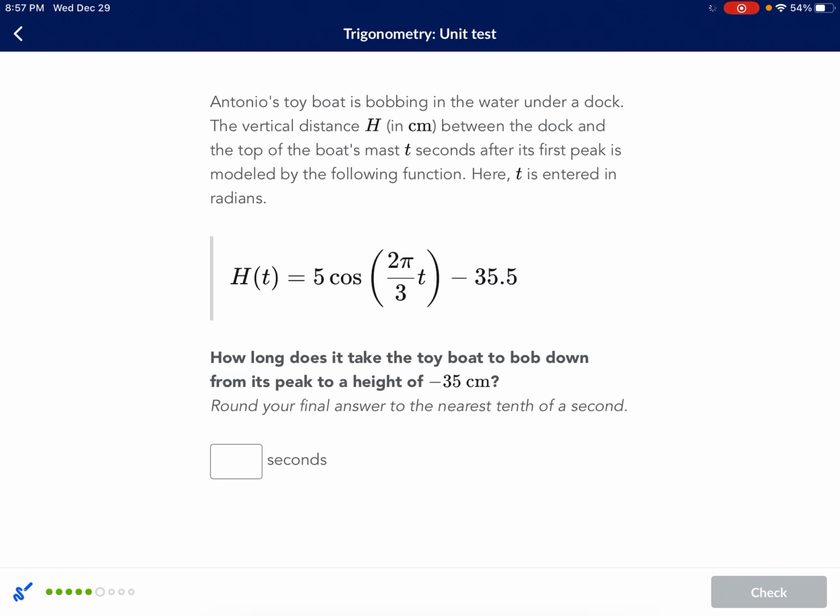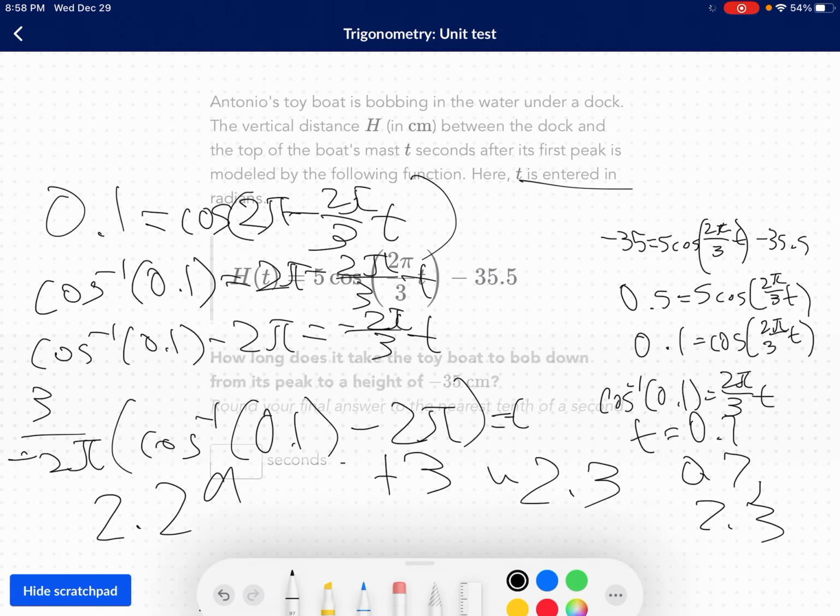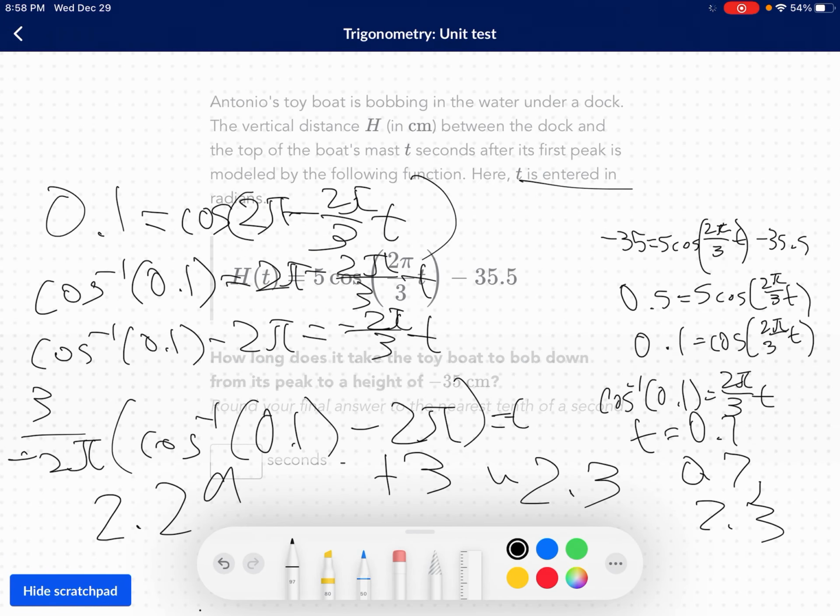Let's see, how long does it take to bob down from its peak to a height? Okay. Let me read this closely. I'm gonna make sure I'm not missing anything. So its peak. The boat is bobbing, blah blah.